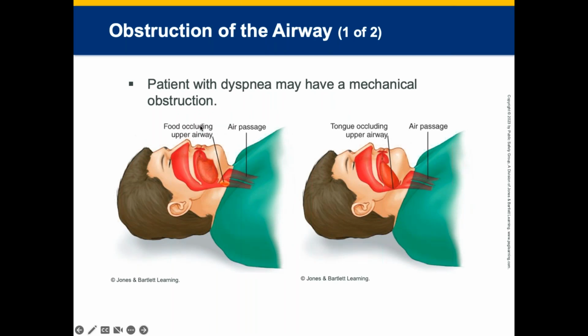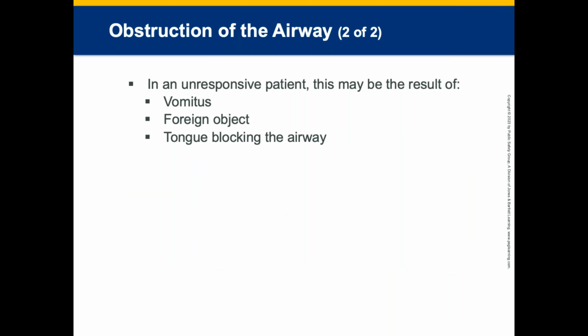Obstruction of the airway, very simple stuff, right? Patient with dyspnea may have mechanical obstruction, something could be blocking it, whether it be a food or a foreign body airway, or the patient's unresponsive, lying on their back, it could be their tongue occluding it. Other potentials could be vomitus as well, or improper positioning of the head so the tongue does block the airway.